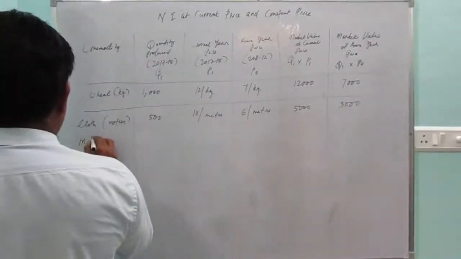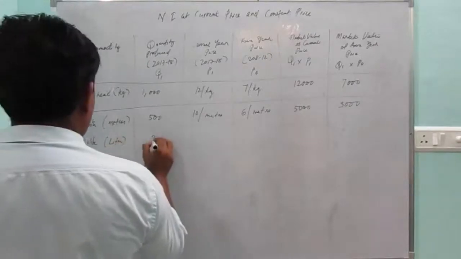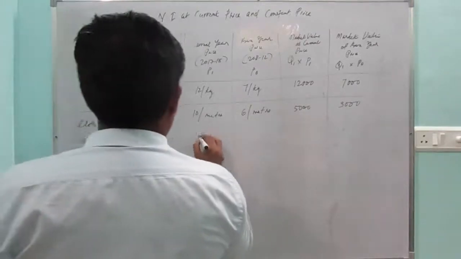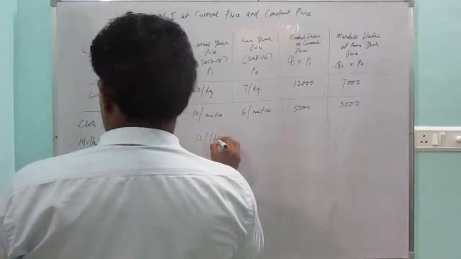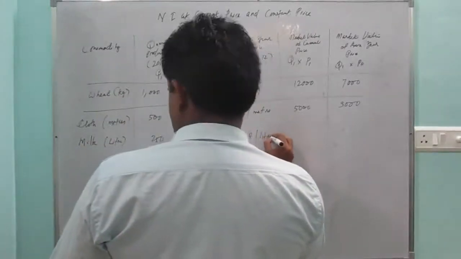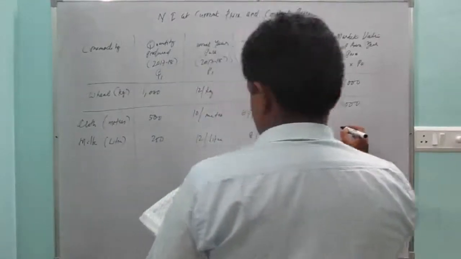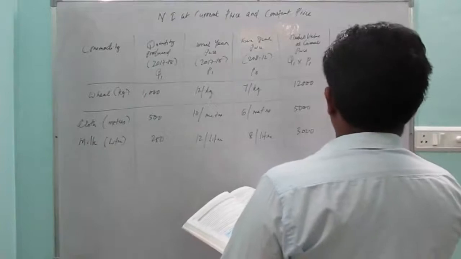Milk, liters, 250, 12 per liter, 8 per liter, 3,000, 2,000.